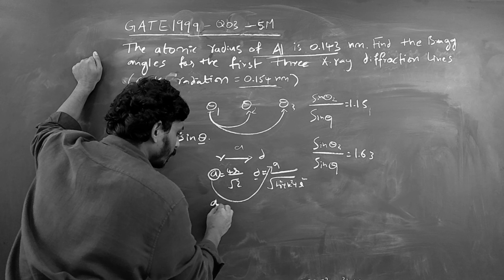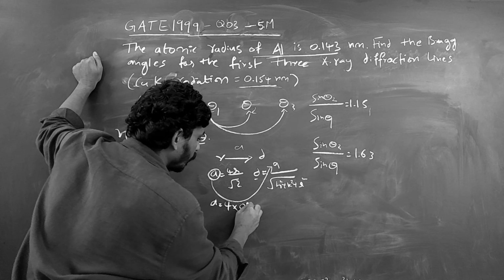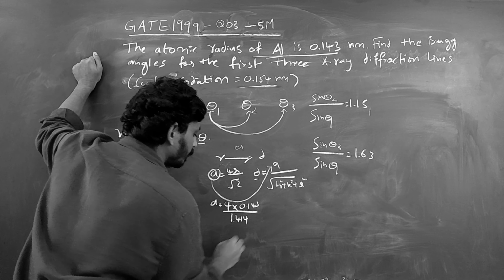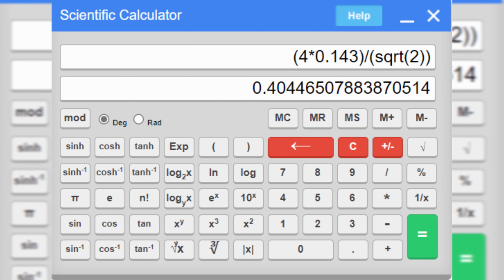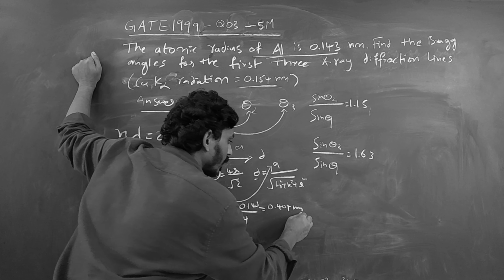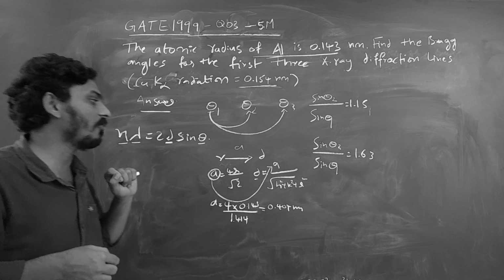So a is equal to 4 into 0.143 by root 2, 1.414. If you put this in our GATE calculator, 0.404 nm.